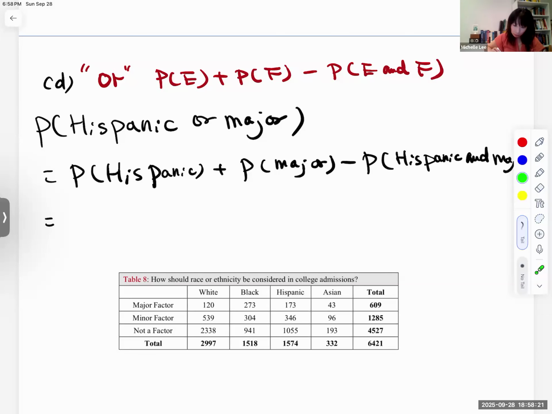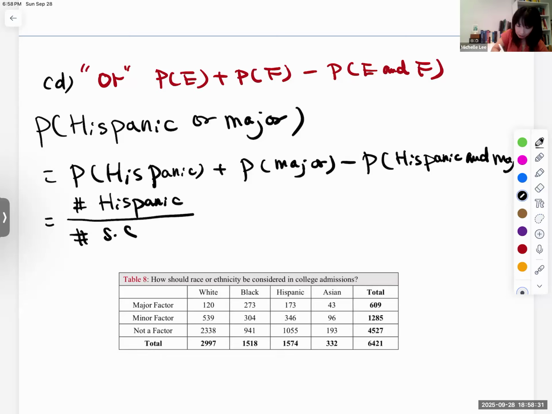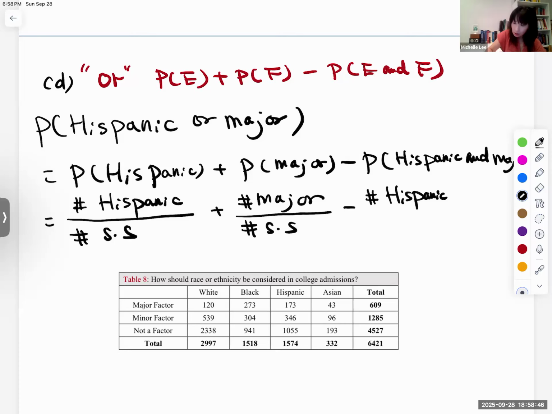So probability of Hispanic, number of Hispanic divided by number of sample space plus number of major factor over number of sample space minus number of Hispanic and major factor over number of sample space, yeah?